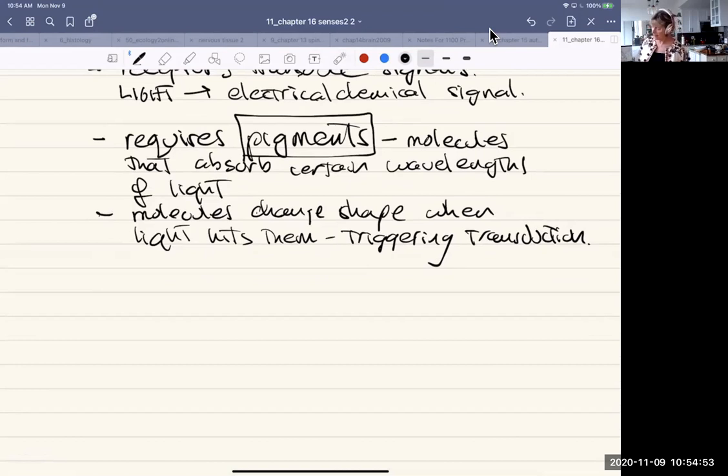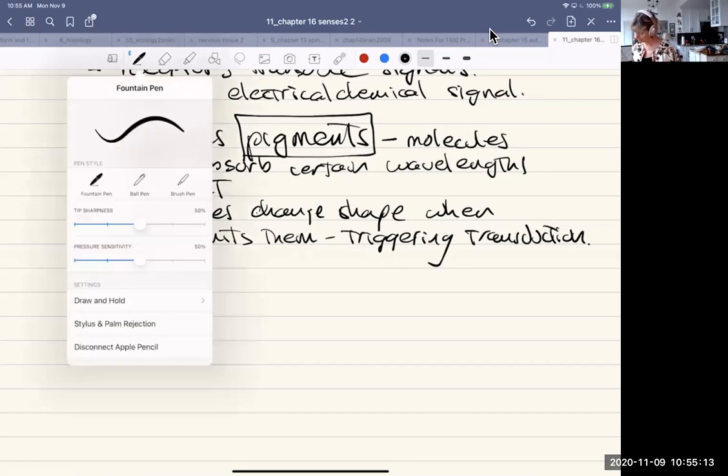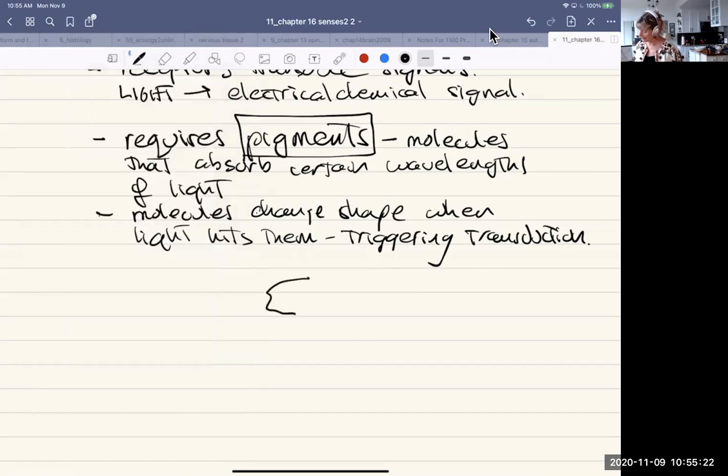Well, pigments are pretty simple, and all you need, like say you are a single-celled organism, like this one. Anyhow, let's make this a little single cell.